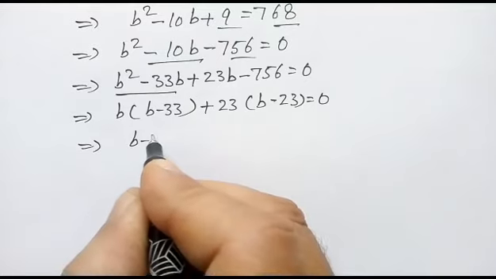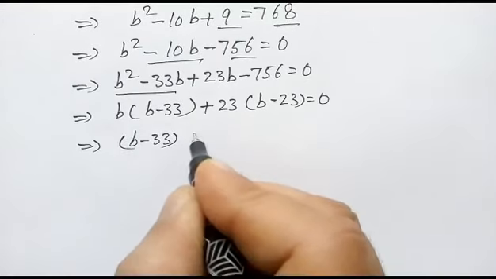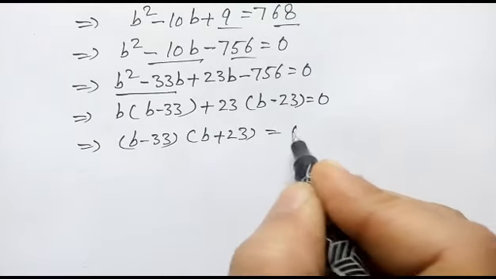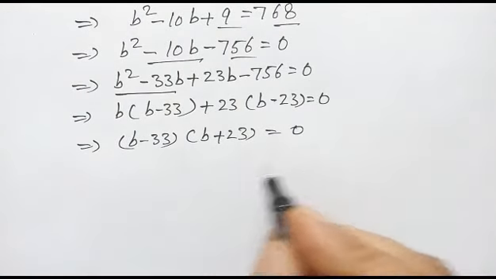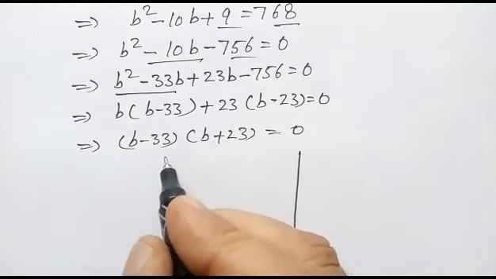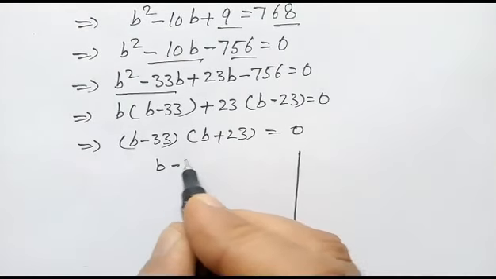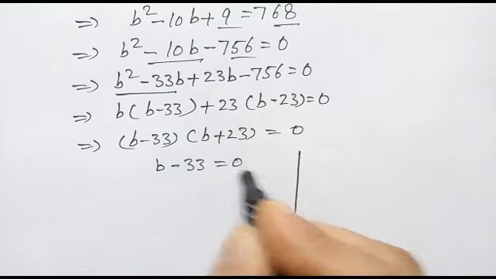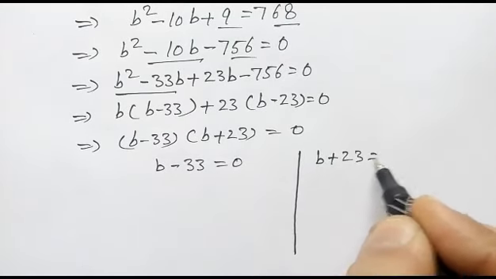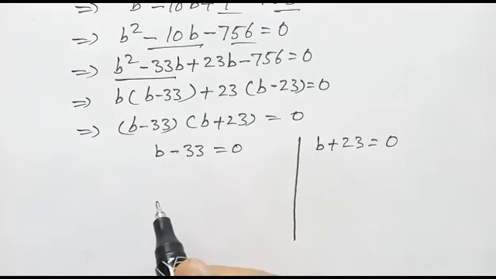Now we have b minus 33, b plus 23 is equal to 0, right? So we have two cases: b minus 33 is equal to 0 and second case b plus 23 is equal to 0.